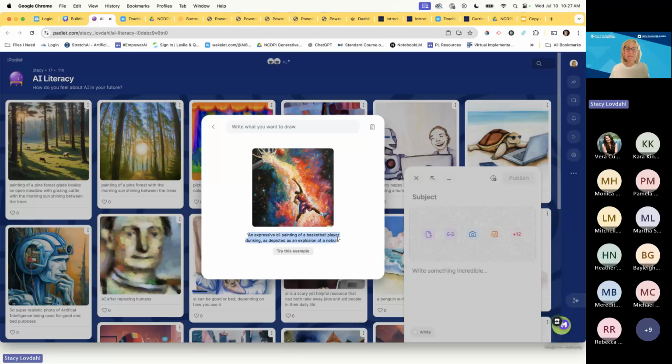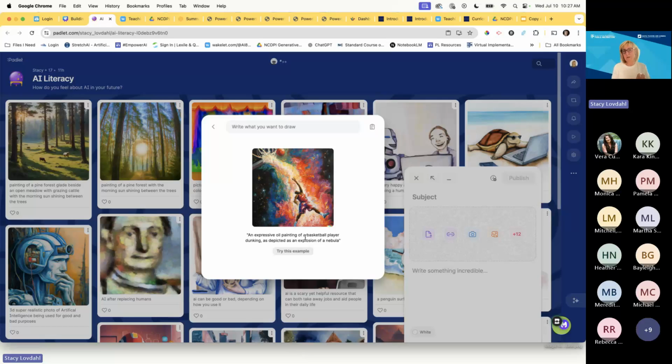One of the things that I did was I always explained this picture and this prompt and how every single word in this prompt is really intentional. Padlet chose to use the word expressive. They used the style of oil painting of a basketball player, so that's the subject.